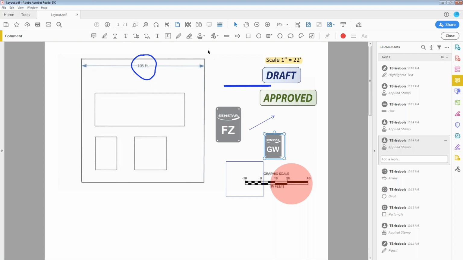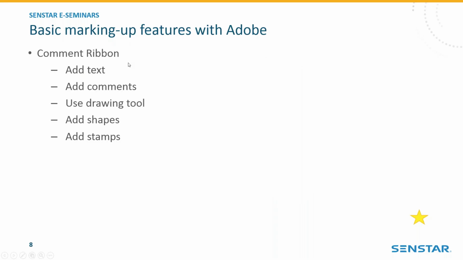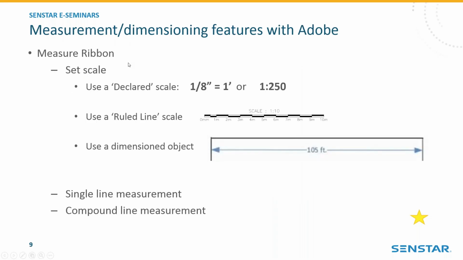Now, one other aspect that we'll touch on is the measurements and dimensioning features within Adobe. So it's great that you can draw on your diagrams, but the next best thing is adding measurements that make sense, and that are an accurate depiction of what the actual drawing is.